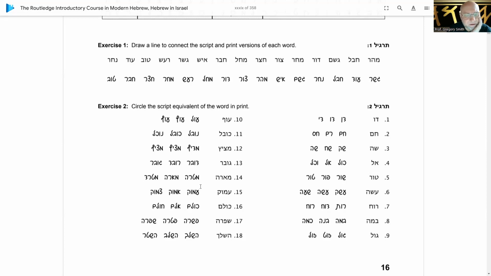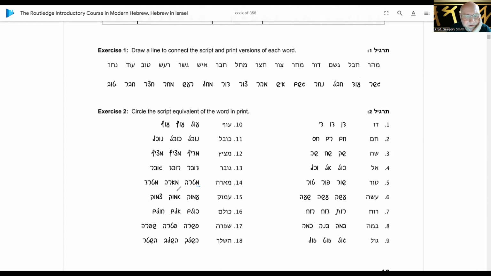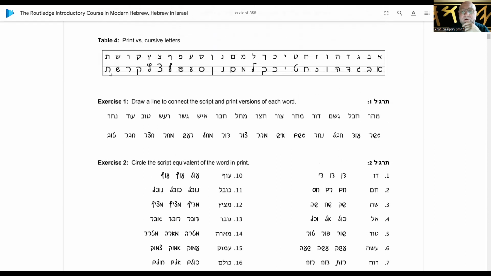So we know that these all start out with what looks like an N, but it's a mem. So they start there. So the question is, which one's gonna match this Aleph? And I can see it right here. Because that Aleph looks like this little thing right here. Yeah, there it is right there. You see the Aleph?